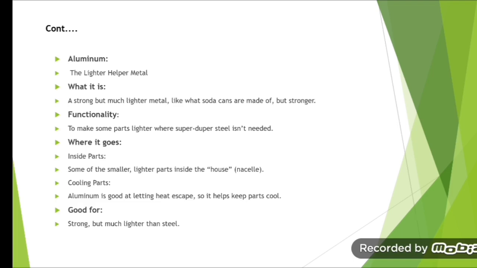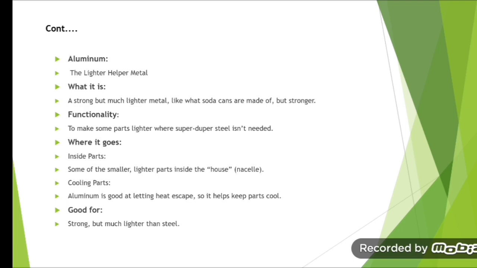The next material that is used in the wind turbine is aluminium. That is the lighter helper metal, a strong but much lighter metal, like what soda cans are made of, but stronger. Its functionality is to make some parts lighter where super-duper strong steel is not needed.